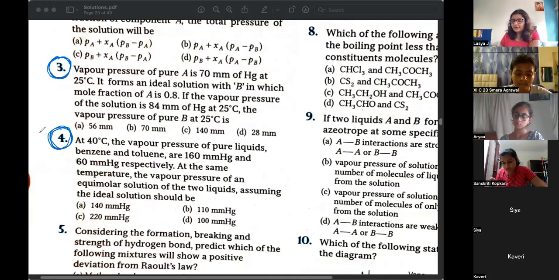Sanskriti, Sia, Kaveri, where are you guys? Doing math. I'm almost done, I'm just checking my calculation. Okay. Sia, what about you? I got disconnected, so I couldn't see the question.